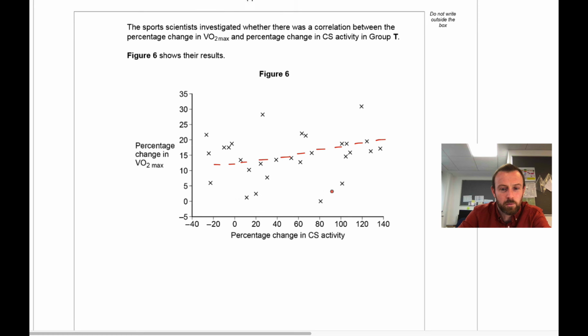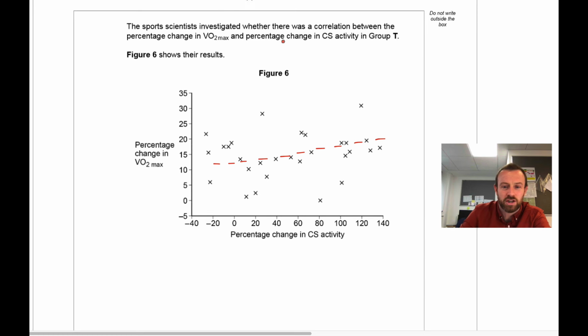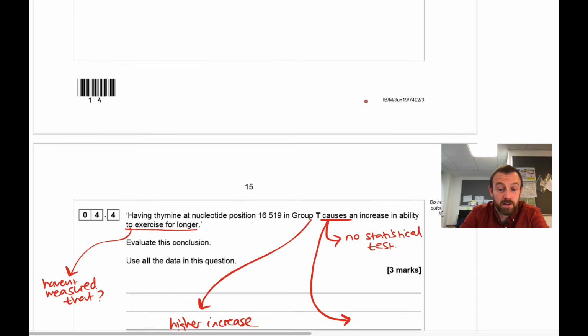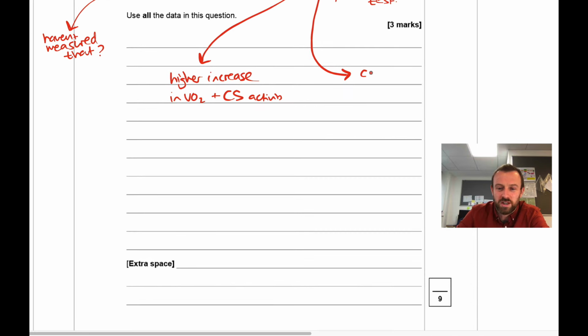Also, if we want to bring in this graph here, this is correlation, not causation. There is some correlation between the VO2 max and the citrate synthase activity, but correlation, not causation.